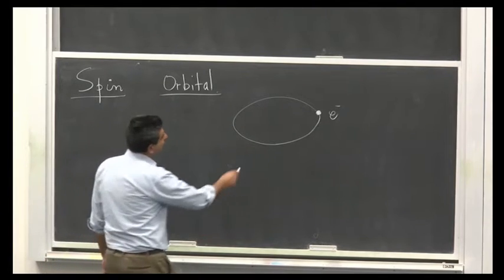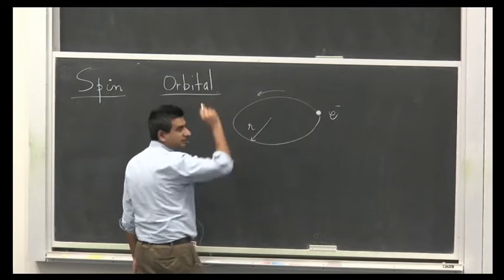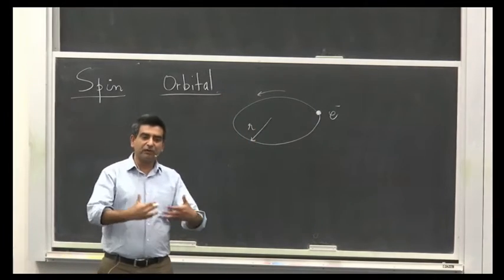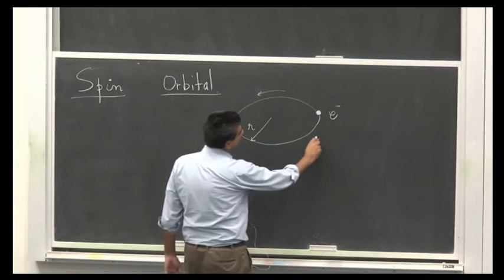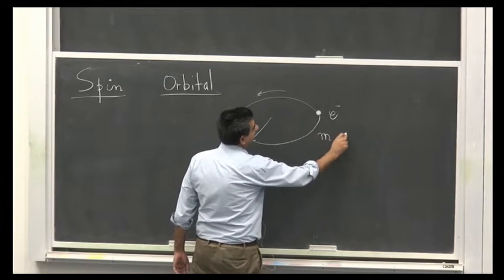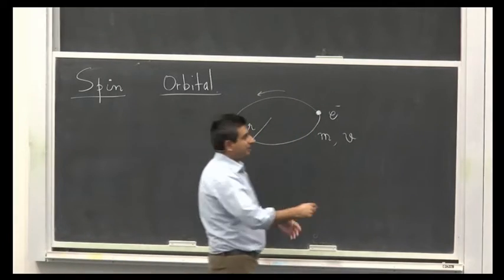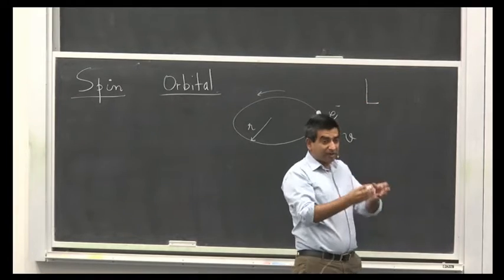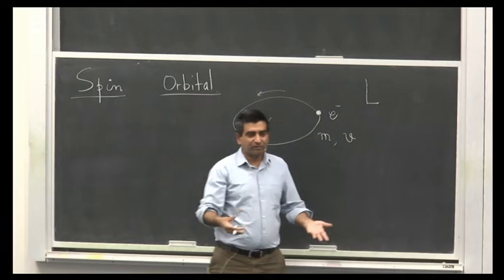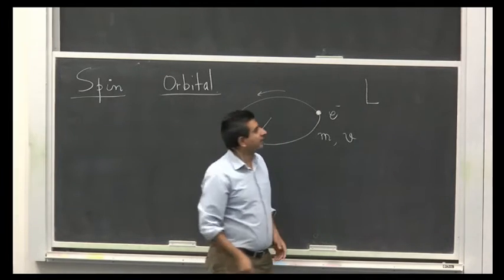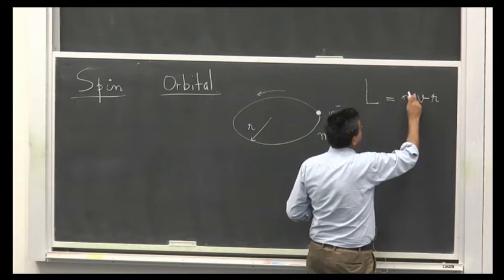So when this electron goes around in a circle of radius r, there is a certain angular momentum associated with the electron. If m is the mass of the electron, v is the speed of the electron, then the angular momentum of the electron, which is also a classical quantity. You don't need quantum mechanics to talk about angular momentum. You studied angular momentum in mechanics. This L is simply mvr.